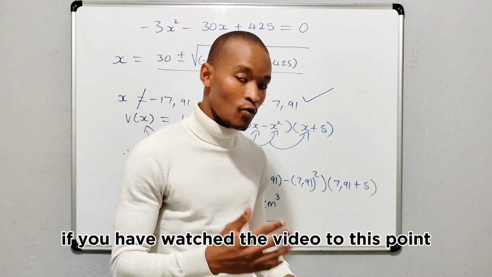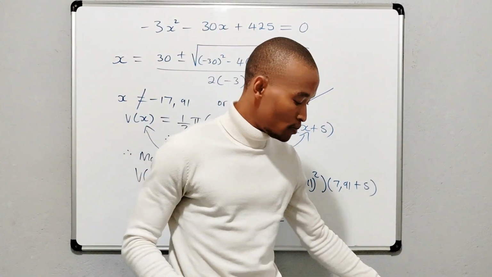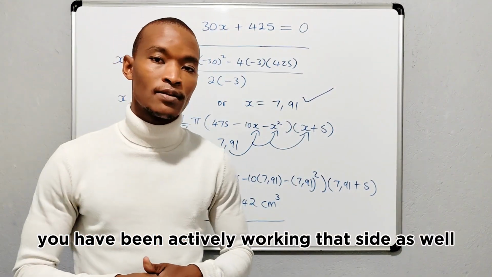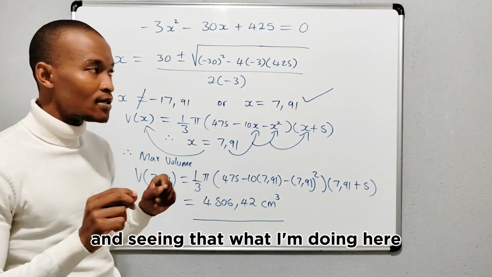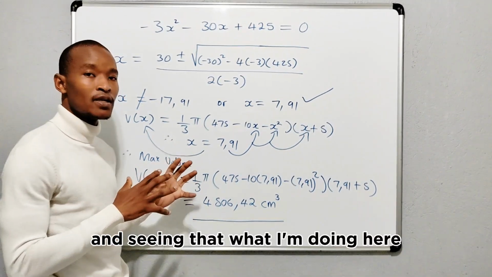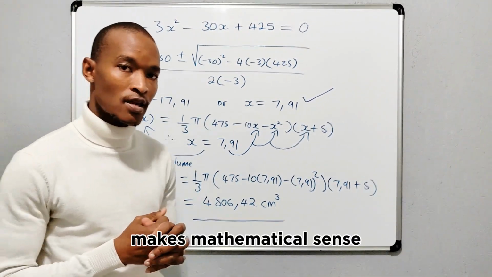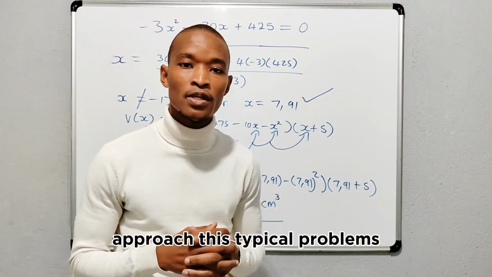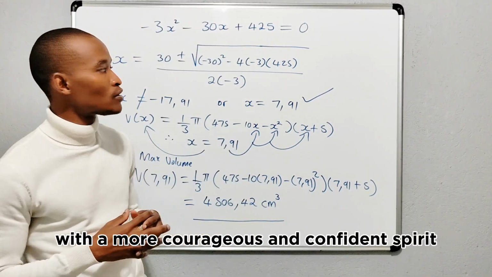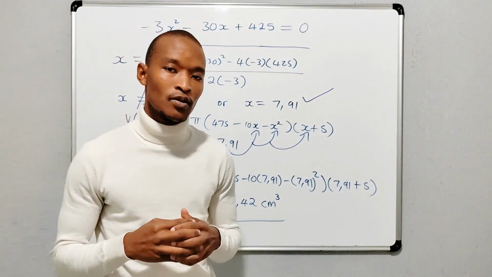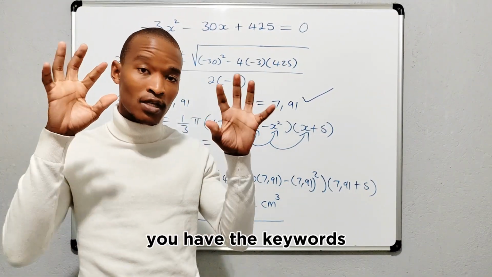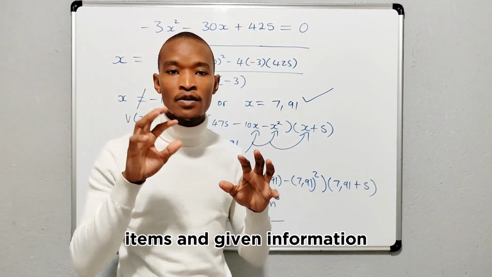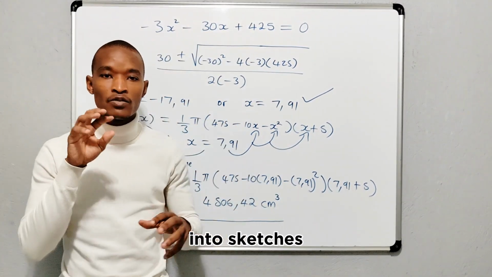Students, this brings us to the end of this interesting problem, and I believe that you have enjoyed it. If you've watched the video to this point, it means you have been following, you have been actively working that side as well, and seeing that what I'm doing here makes mathematical sense, and it helps you to approach these difficult problems with a more courageous and confident spirit, knowing that you have the maths, you have the tools, you have the keywords, you understand how to link information items and given information into sketches, into diagrams.